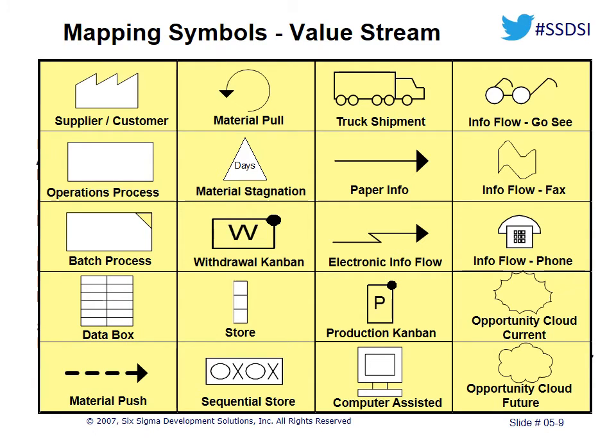I personally just use my own symbols because the end goal of this tool is to be friendly to the operator, friendly to the people that are looking at this. This value stream map should really help us understand what's going on in the process. All right, so the symbols are there for you. You can use your own symbols if you would like.